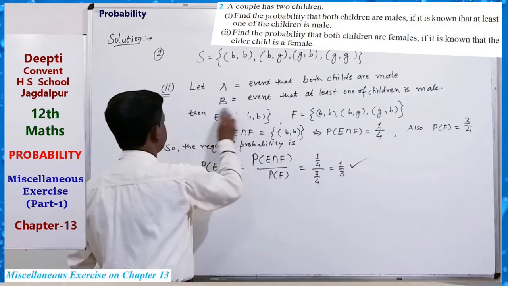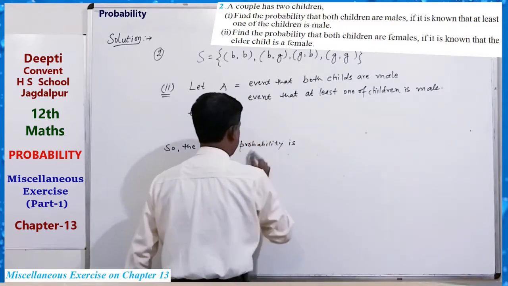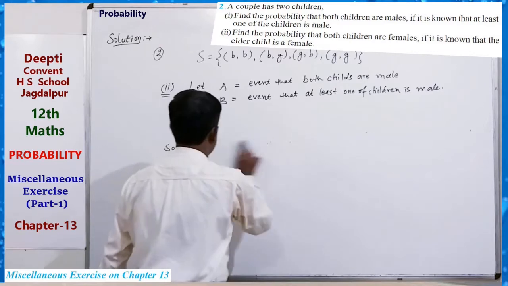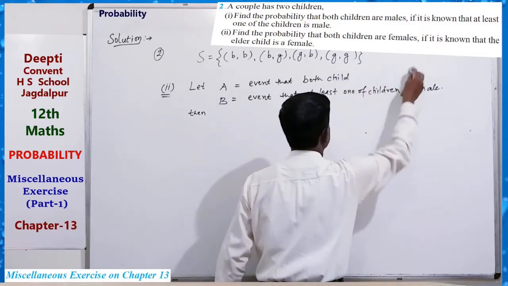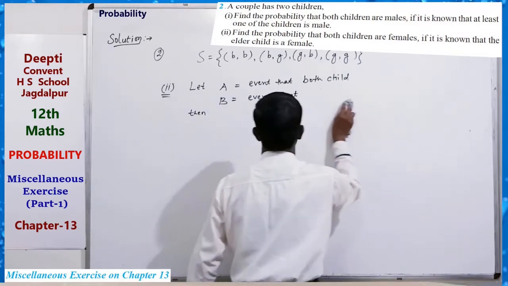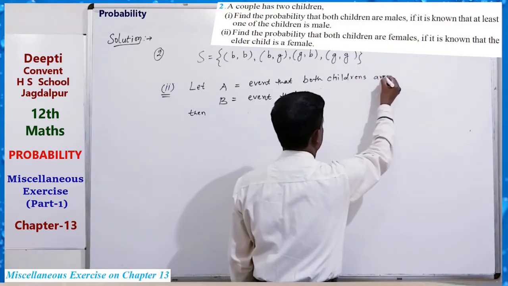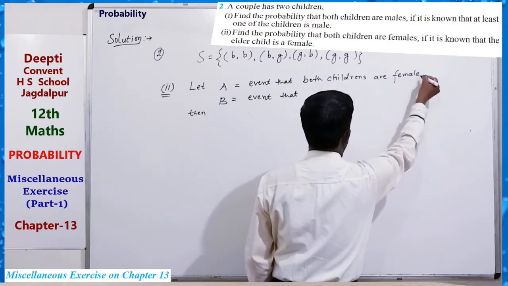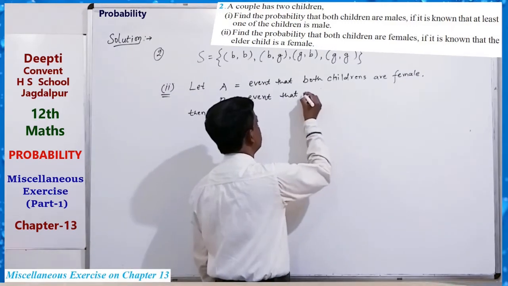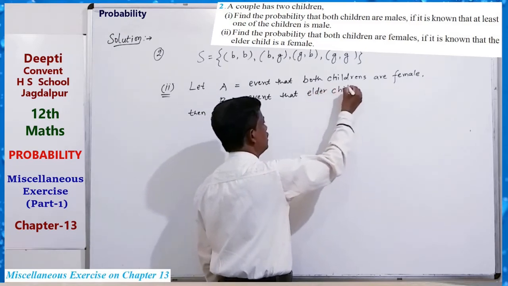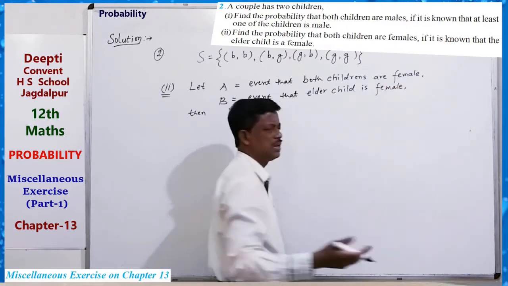A is the event that both children are female, and B is the event that the elder child is female. Same type of question. Okay.